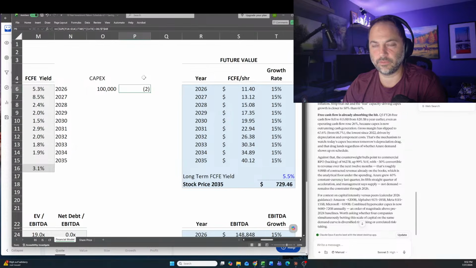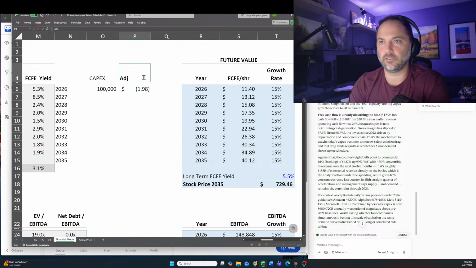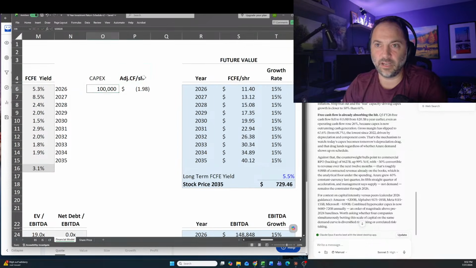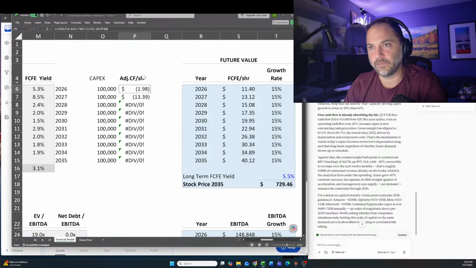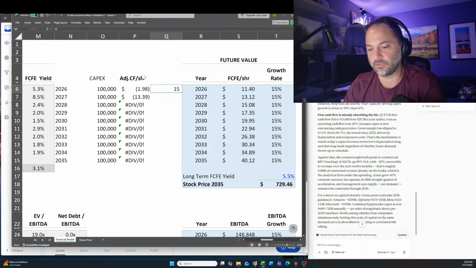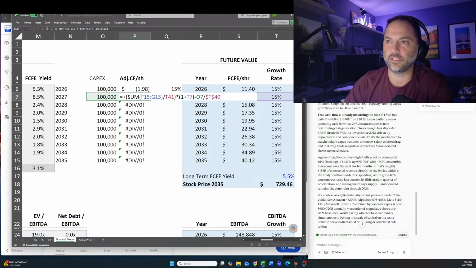So here's your adjusted CapEx. This is adjusted earnings, adjusted cash flow per share, if they spend 100 billion in CapEx. So we can take this out, and I can figure out what we think they're really going to grow at. If it's 15, I'm just doing a different scenario off to the side so we can see what this looks like, and then we can make changes if need be.